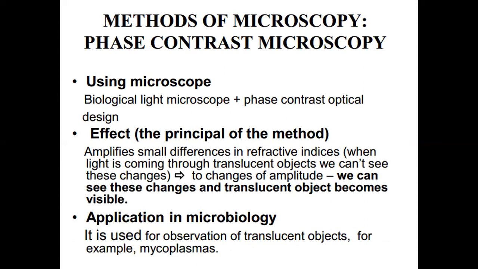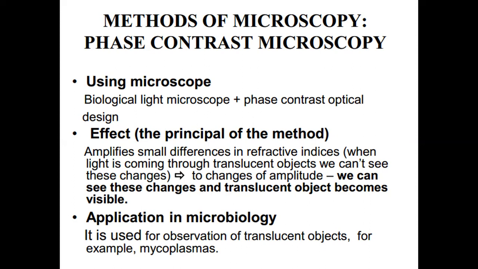And next is phase contrast microscopy. In this case, we also use light microscopy, but with a phase contrast optical design. The principle of the method amplifies small differences in refractive indices. When light is coming through a translucent object, we can see these changes.